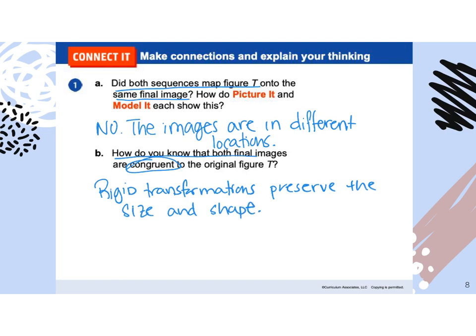All we did was reflect and translate. So we did not make the shape bigger or smaller. We didn't make any other change. So since we only performed rigid transformations, the shapes are still the same size and the same shape, which means they are still congruent.